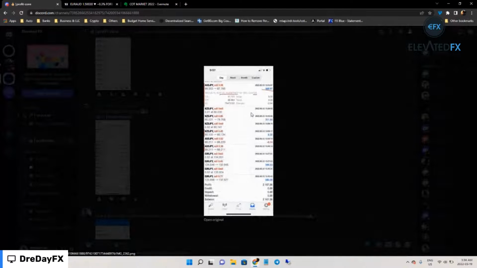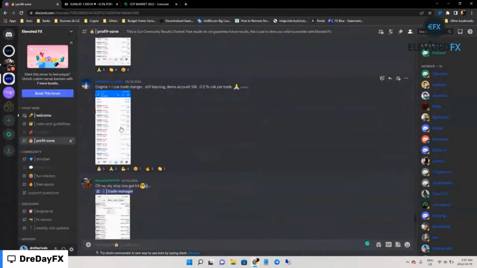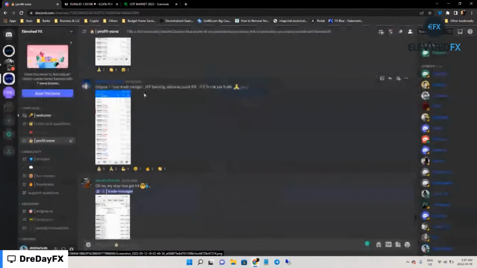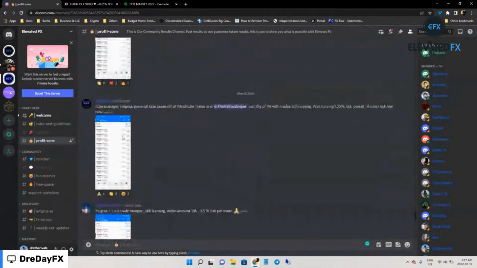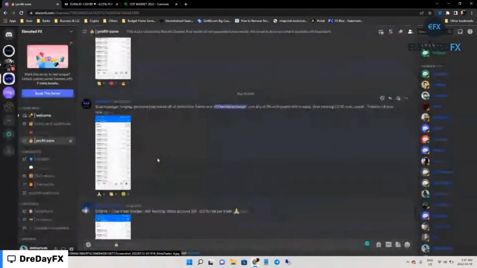So that's another product that we have, the IQ Trade Manager, and that's our CEO. Shout out to him. Made $2,100 here, even though it's still a demo account, but this system works. Another one here.